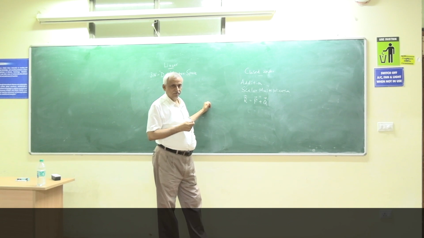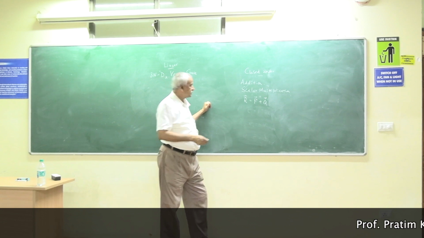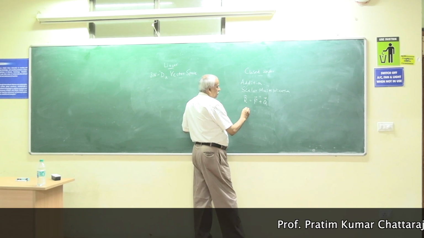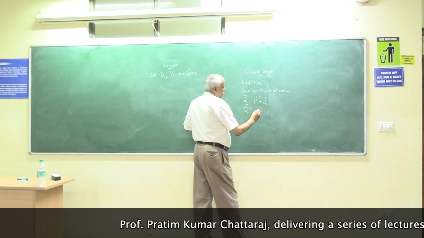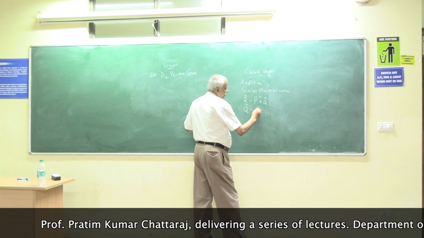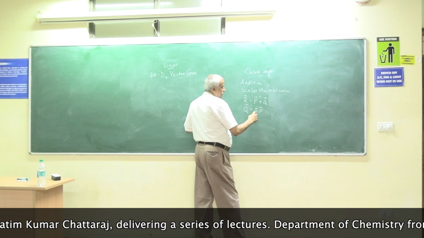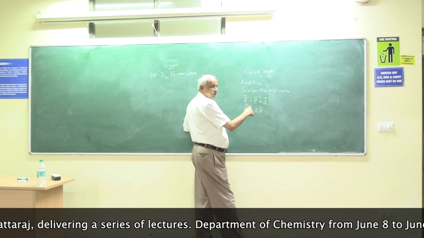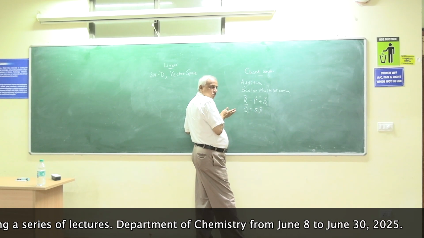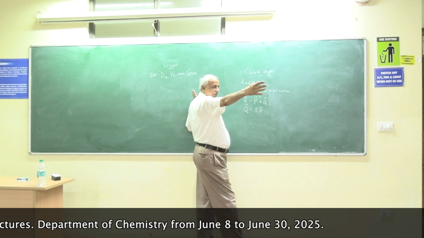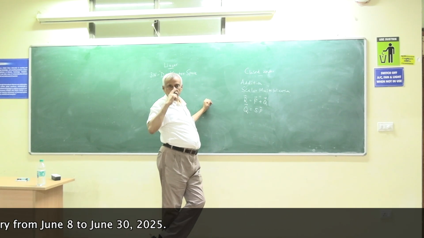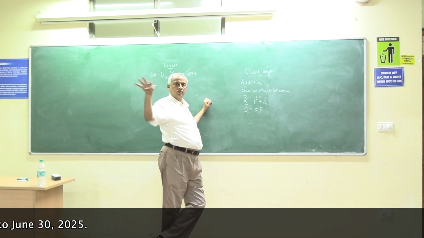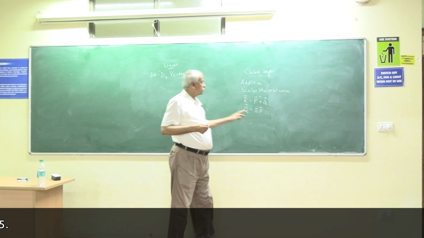And scalar multiplication. Suppose I have Q as, let's say, 5 times P, this scalar number. This new vector is a collinear vector, only the length of the vector is larger, but the direction is the same. So that vector also can be written as a linear combination, as long as this is finite.